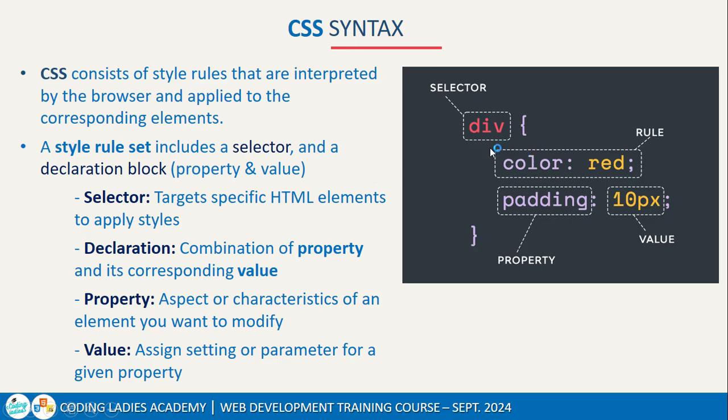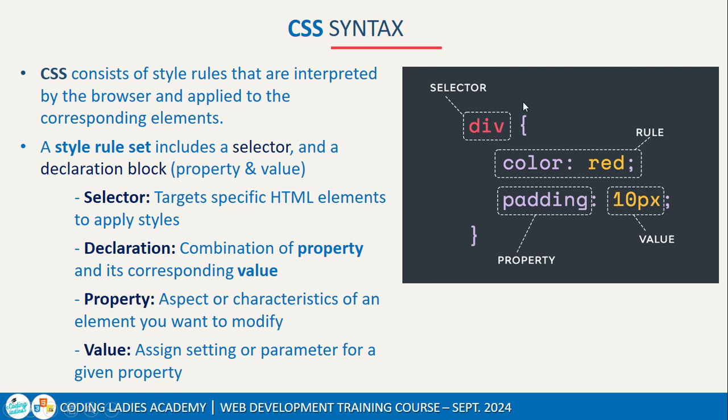You cannot add the same ID to multiple elements. When you want to select the element using the ID, you start with the hash symbol, then the name of the ID will follow. This is how you select the element using its ID, which we will do.